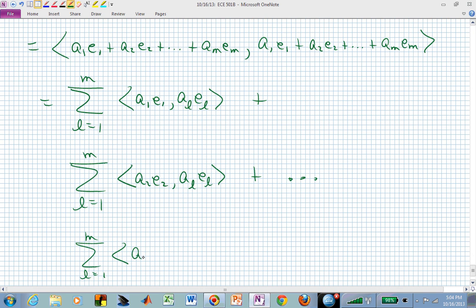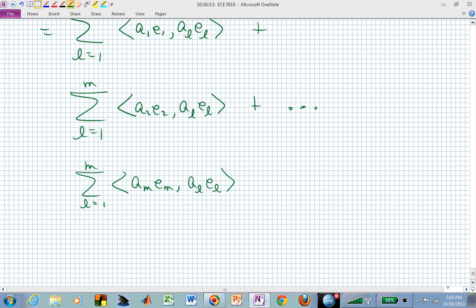I now have A sub m E sub m with A sub L E sub L. Is that okay? But now I can compact that down, can't I? Because I have m of those sums.